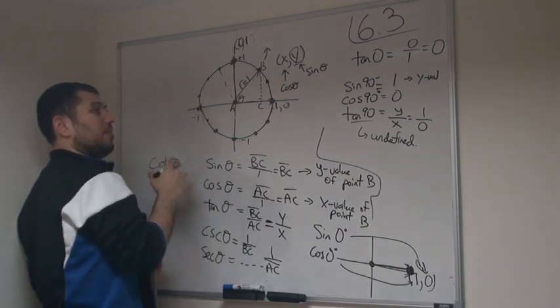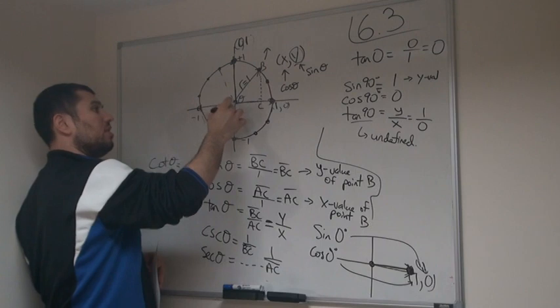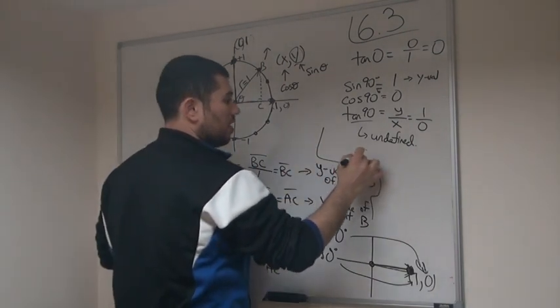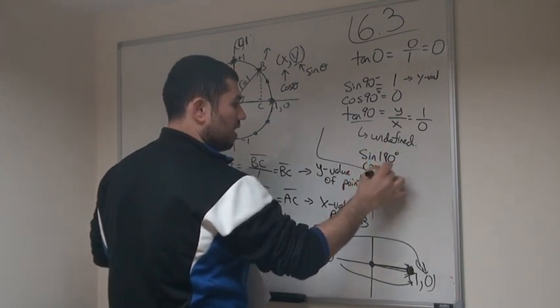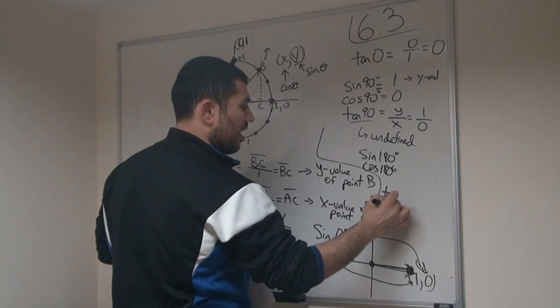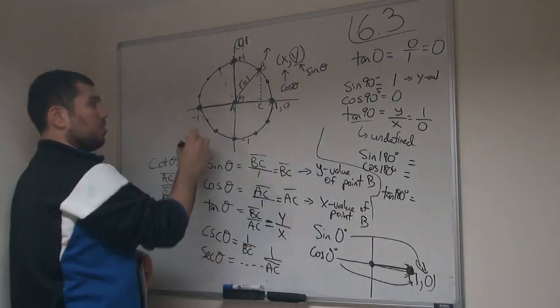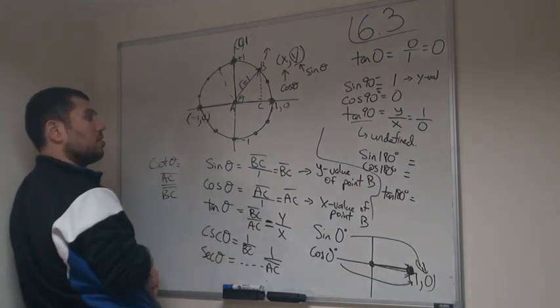So I claim the usefulness of the unit circle is at 0 degrees, 90 degrees, 180 degrees. So if I asked you for the sine of 180 degrees, cosine of 180 degrees, or the tan of 180 degrees, again, I would look at the point value, it's (-1, 0).